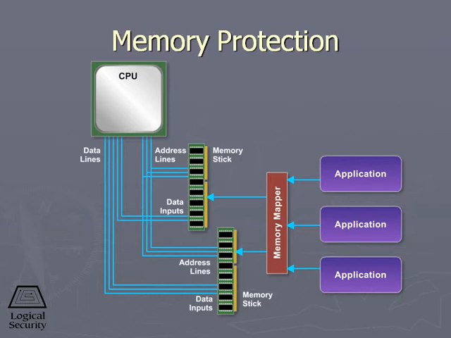This again is an example of layering and abstraction and data hiding. The application doesn't really know where to find its instruction and its data in true physical RAM. It only calls its locations by the virtual addressing scheme. So this is memory protection by virtual addressing. Further, we see 2 different memory sticks in this diagram.